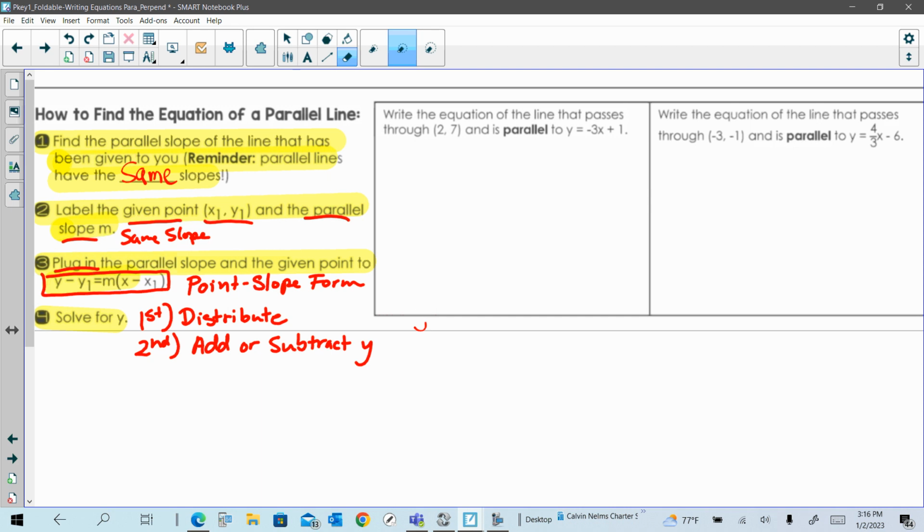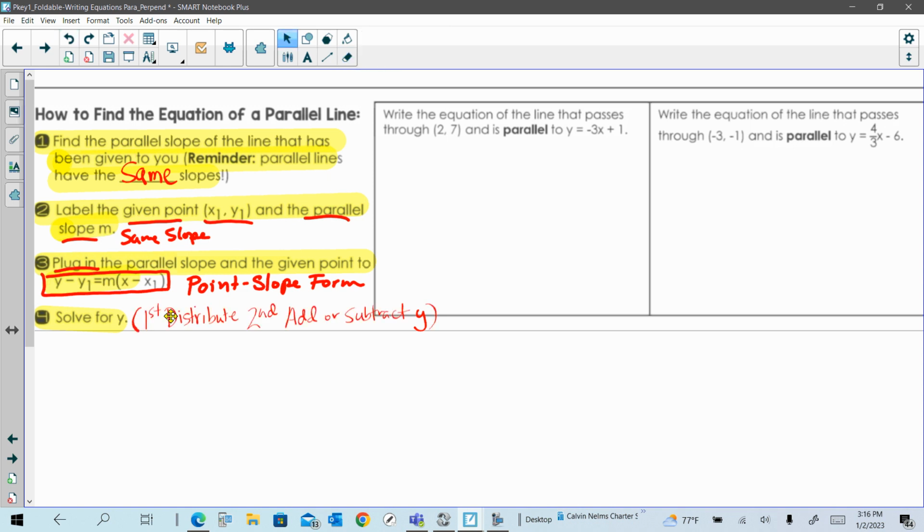And I realize I just put that on there twice, so let me fix this. First distribute, second add or subtract to solve for y.